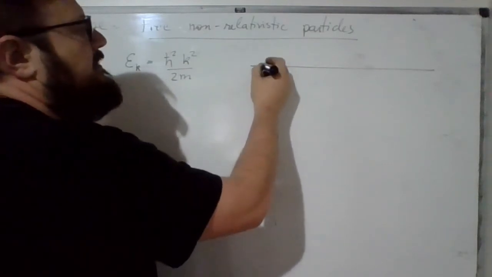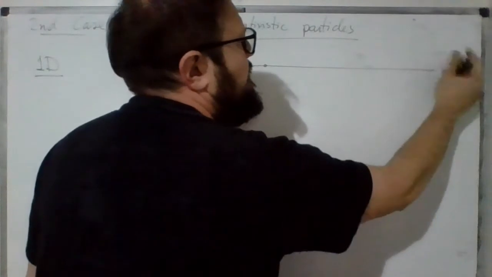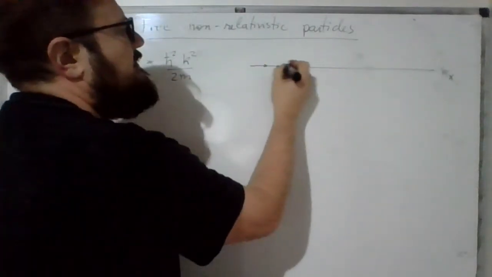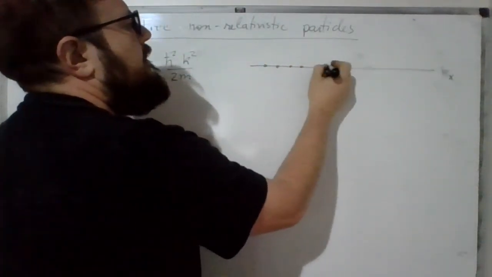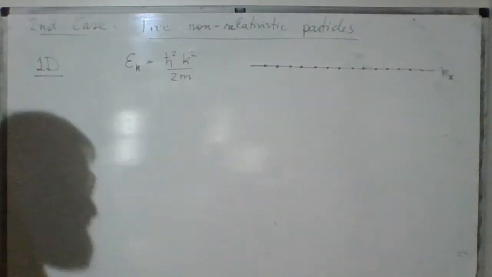You can consider a line, and in this line over k here, which is just k of x, you can set a number of allowed values of k.